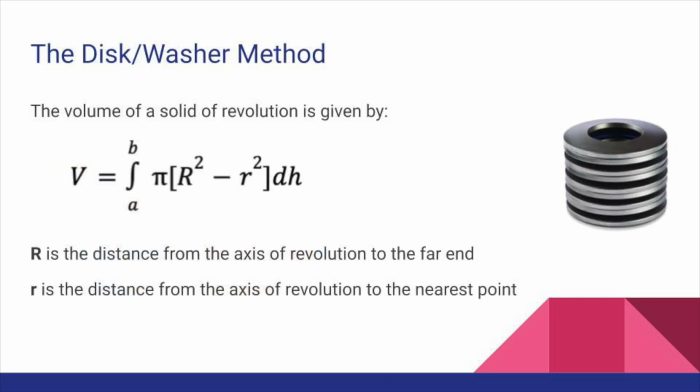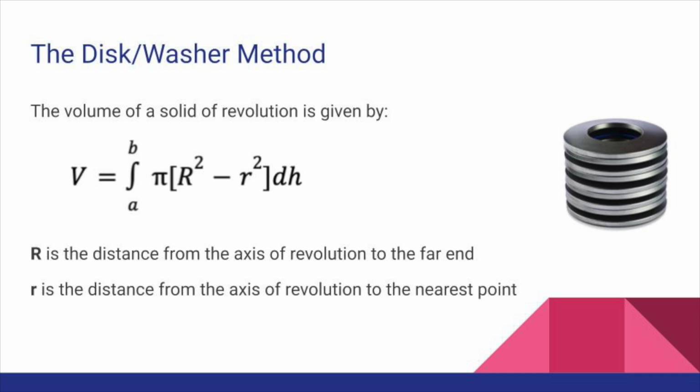First off, the disc method or the washer method is a technique used in manufacturing parts for machines and other industries. To find the volume of a solid of revolution using the disc or washer method, we can use the following equation.